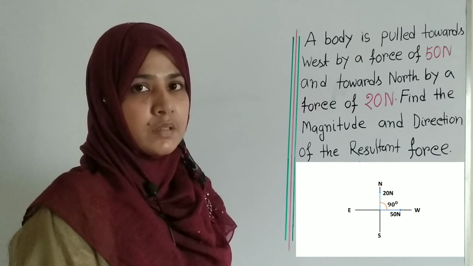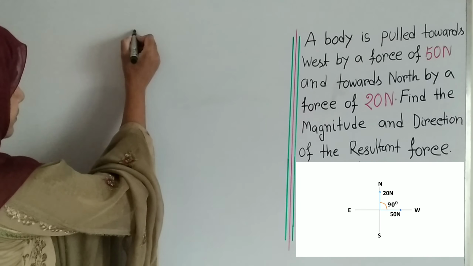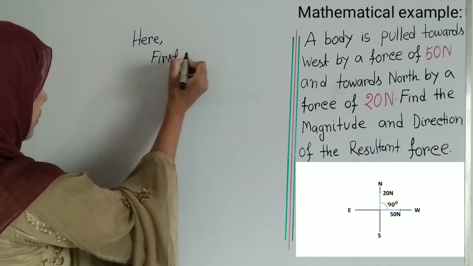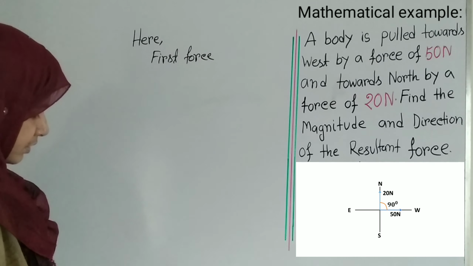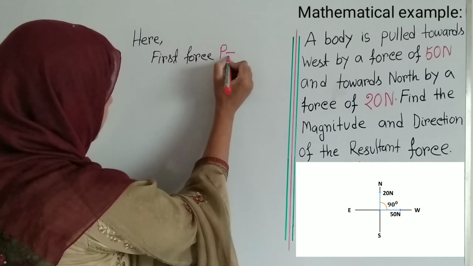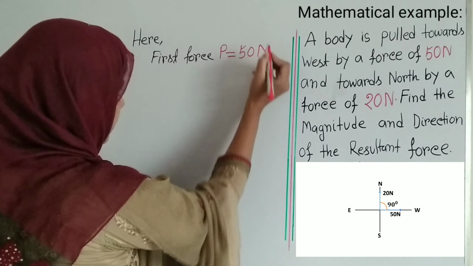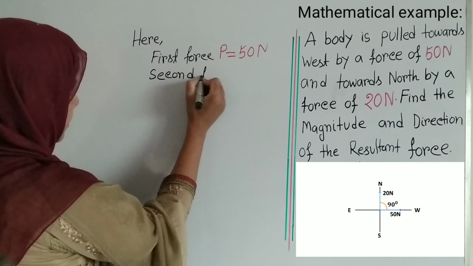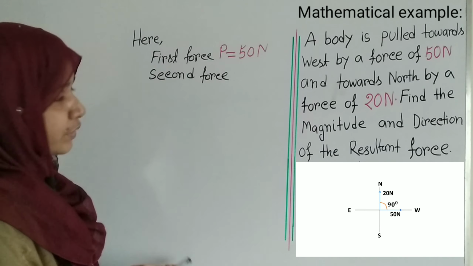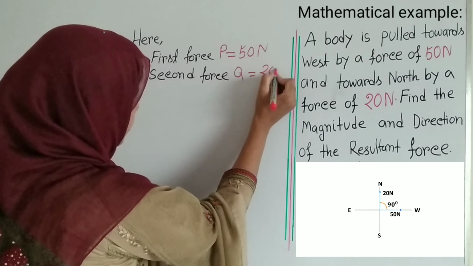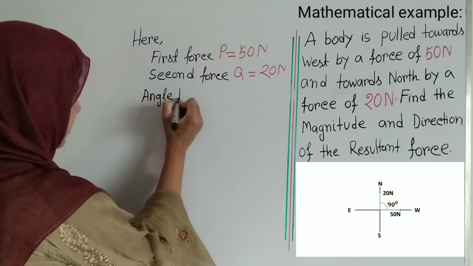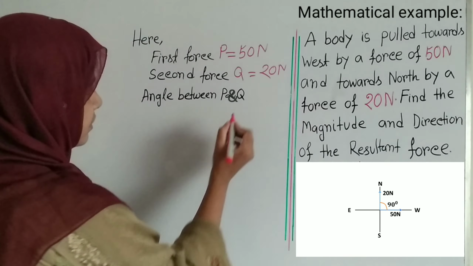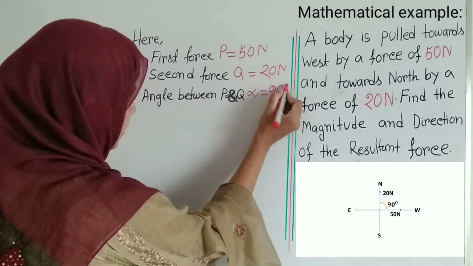So here the given information is: first force P equals 50 Newton and second force Q equals 20 Newton, and the angle between P and Q, that is alpha, equals 90 degree.